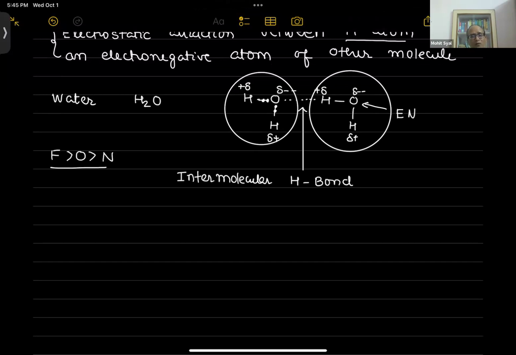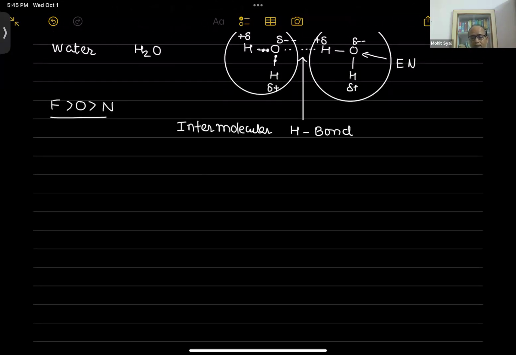So the boiling point of water is high. Okay, it is 100 degrees, because of this intermolecular hydrogen bonding. And it also has its effect on the structure of ice. So why is ice lighter than water? Why does ice float on water?